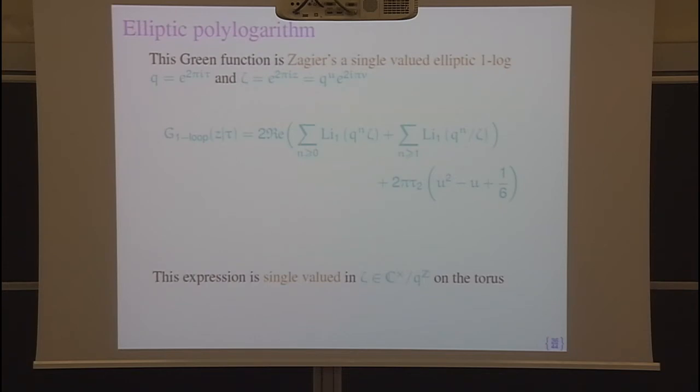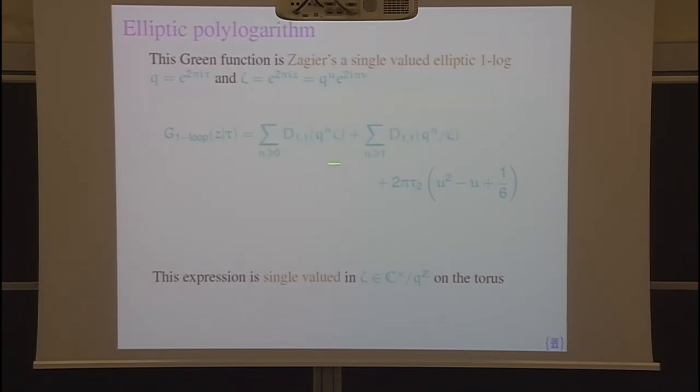Here z is the position of the puncture, so I'm going from a description of my elliptic curve that is multiplicative, C star divided by q to the z, and u and v, where u is one of the Cartesian coordinates of my puncture on my torus.